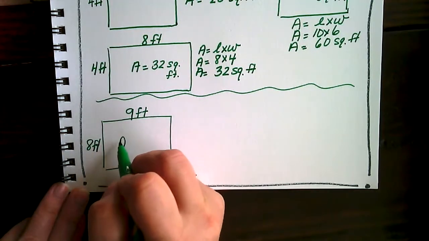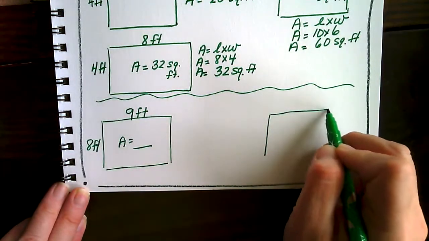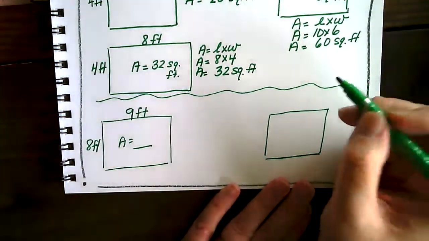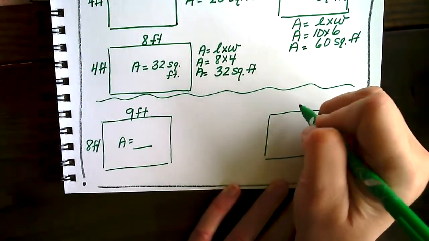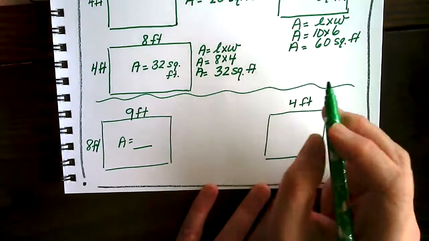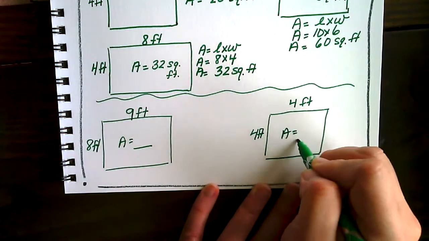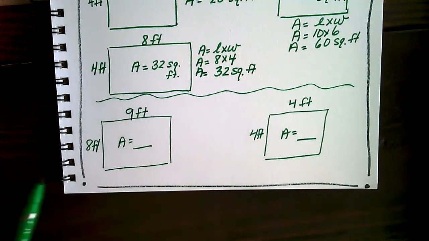Okay, so solve to find the area. And we'll do another one over here. This one will be a bathroom, and I want to put tile in the bathroom. So let's say this is about 4 feet by 4 feet. Okay, so keep in mind the area equals length times width. Go ahead and solve the area of these two rooms. Hit pause, and when you're ready to check your work, hit play.